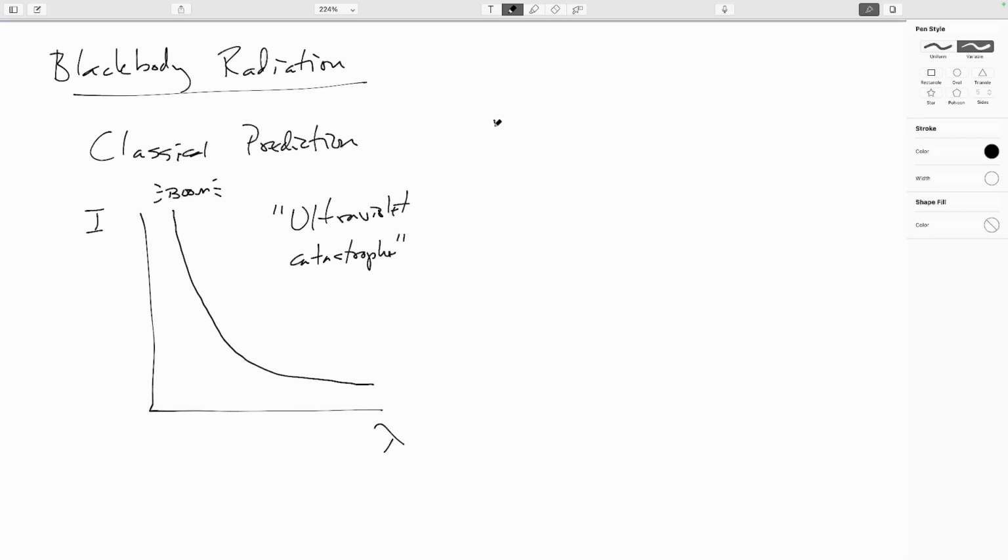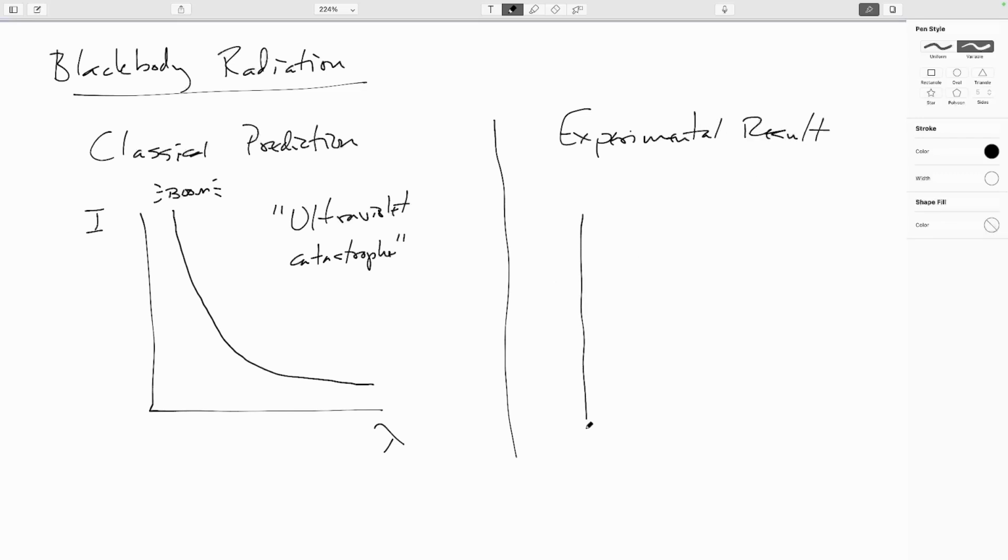The actual experimental result did actually match the classical behavior at longer wavelengths, but at shorter wavelengths it tapered down to 0. So it peaks up, and then this part here matches the classical.